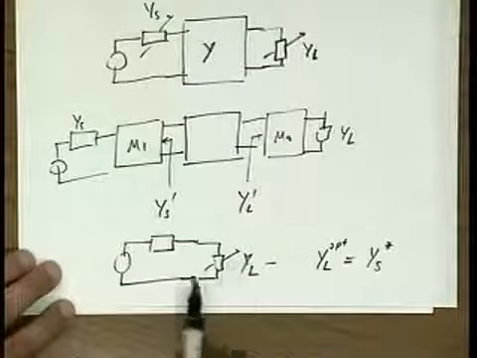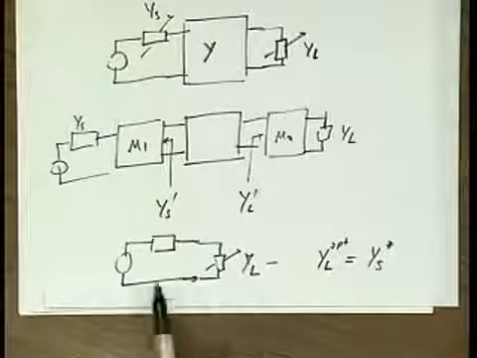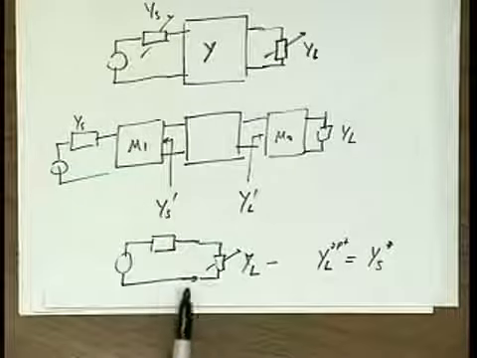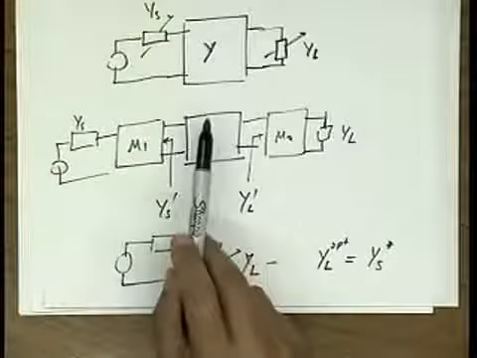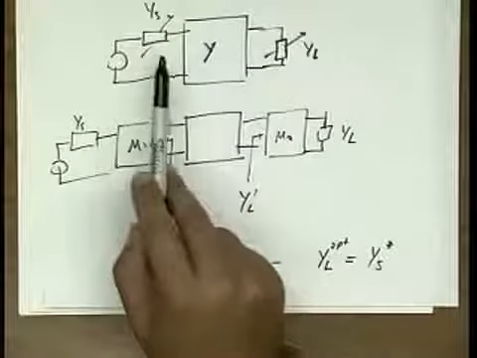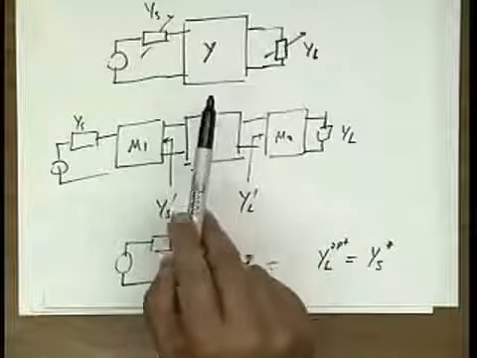So if I had just the load and I didn't have a two-port, then I would always pick my load to be the conjugate of the source, and that would transfer the maximum power into my load. Now I have a two-port, and I want to find the optimal load and source impedance in order to transfer the maximum power to the load.